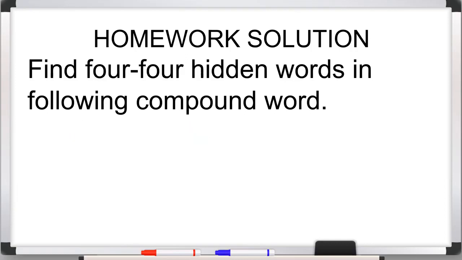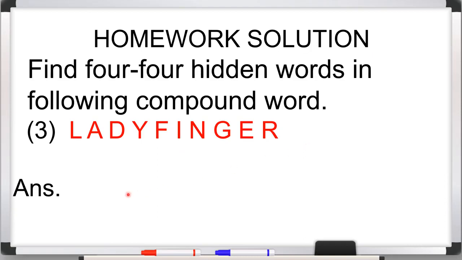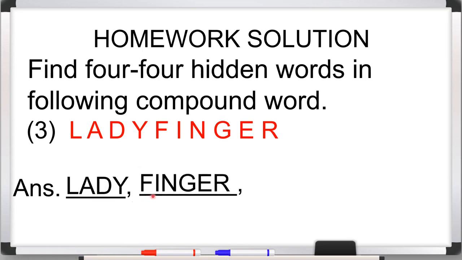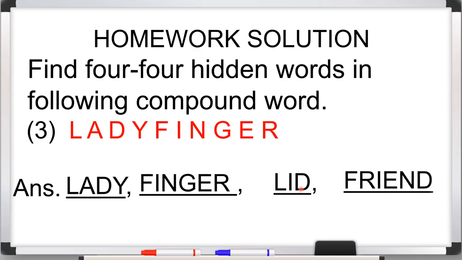Okay beta? Question number 3, lady finger. So beta, by using this compound word lady finger, we can make hidden words like lady, LADY. Then next word is finger, ungli. ठीक है बेटा? Next is lid, किसी भी चीज का जो ढक्कन होता है उसे हम lid बोलते हैं. Next one is a friend, FRIEND. Friend means mitra.